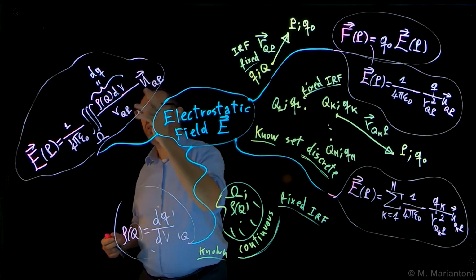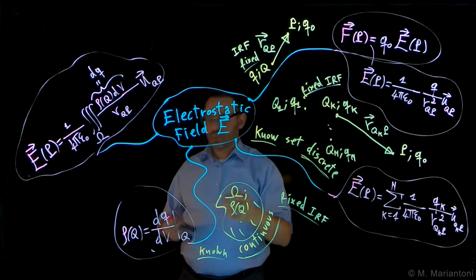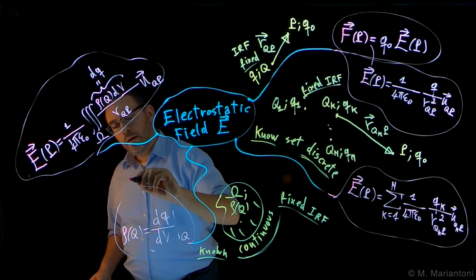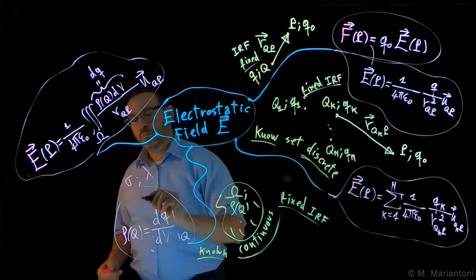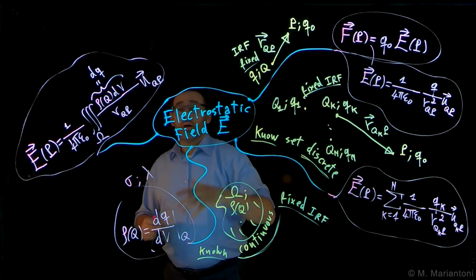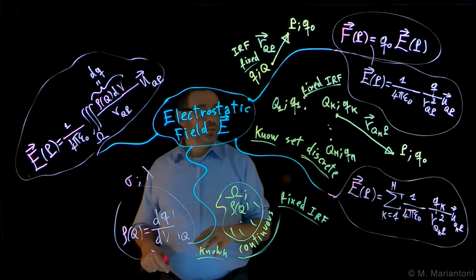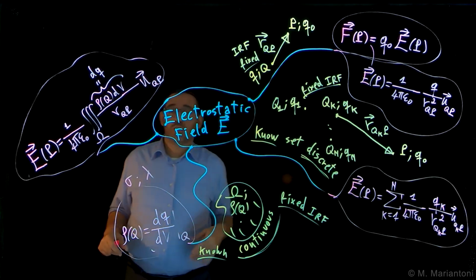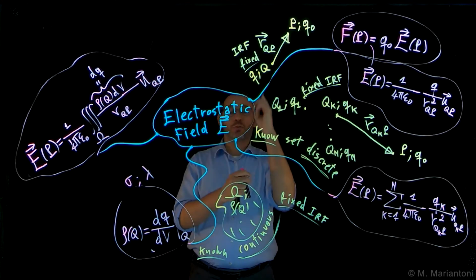Of course, you can do the same thing in 2D and 1D. So we also define small sigma, and a small lambda. In fact, we gave a bunch of examples where we use discrete or continuous charge distributions. One of the most important examples is that of the infinite straight line.